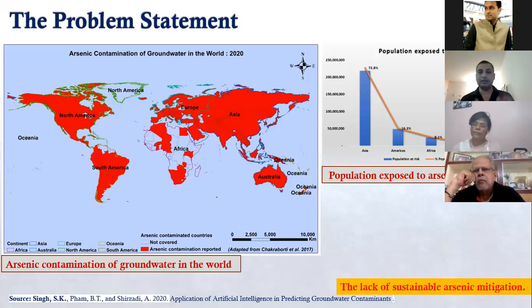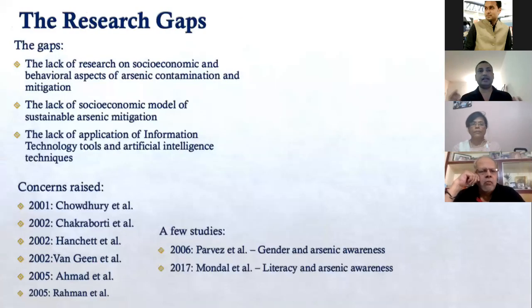But the biggest problem is the lack of sustainable arsenic mitigation. After reviewing several literatures, what I found was that the lack of research on socioeconomic and behavioral aspects of arsenic contamination and mitigation was one of the prominent gaps.